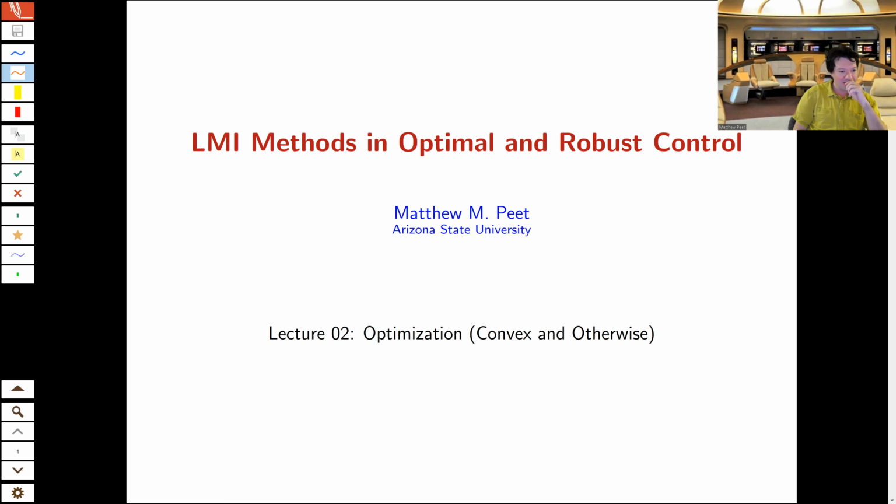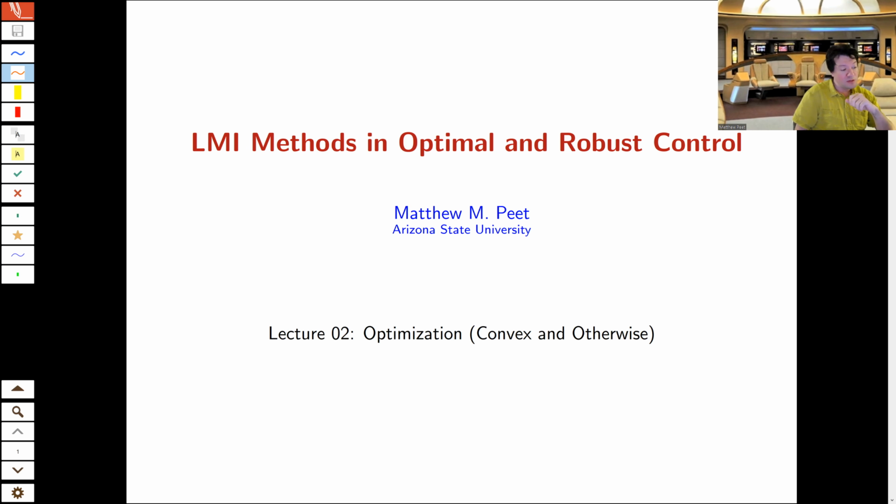This is the second lecture in our course on LMI methods in robust and optimal control. This lecture is going to serve as a mini course, so to speak, on optimization. If we're going to study optimal control, it makes sense that we should learn the basics of optimization. There's two parts to this, of course.